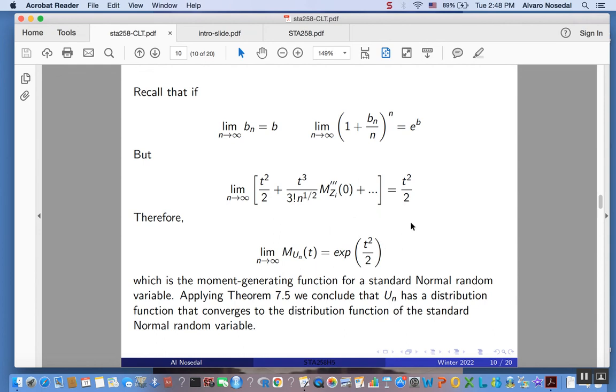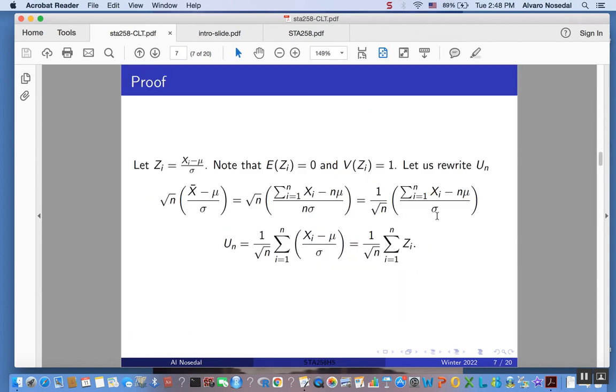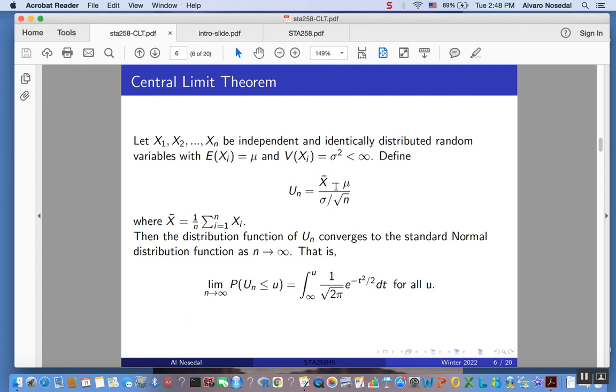So, bottom line, what we have shown is that the variable Un that we defined here, X bar minus mu divided by sigma divided by the square root of n, given these very general conditions, right, just that we have a sample from some distribution with mean mu and variance sigma squared finite, as n goes to infinity, the distribution of that variable Un will be well approximated by a standard normal, meaning a normal 0, 1.